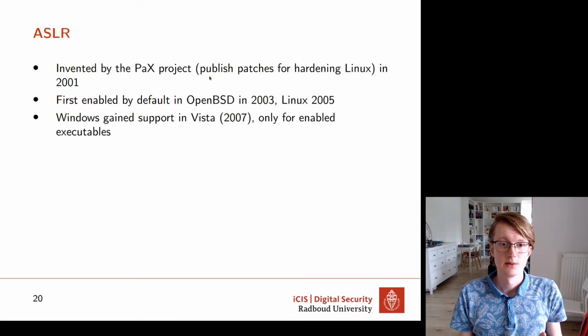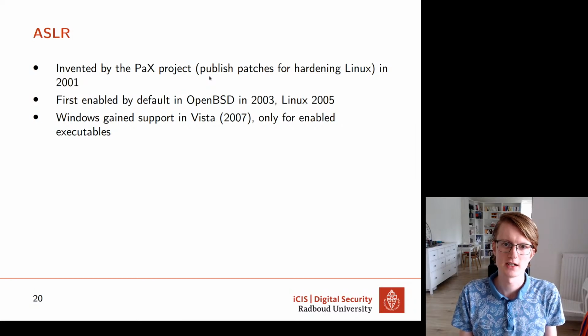Windows, of course, has some compatibility issues, so while they gained support in 2007 in Windows Vista, they only have it for enabled executables. And I think that's even still the case because there are just printer drivers that never get updated, and if you would start to randomize their addresses, they would simply not work anymore, they would crash.